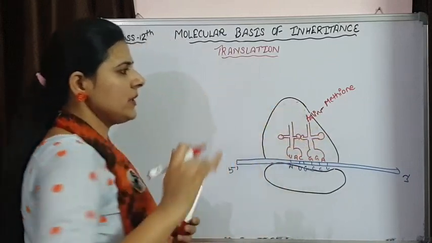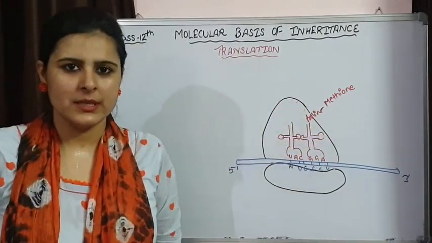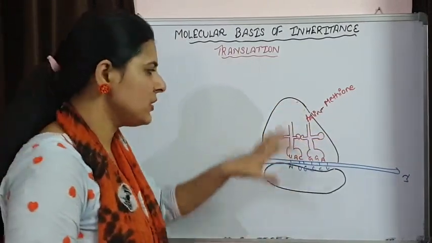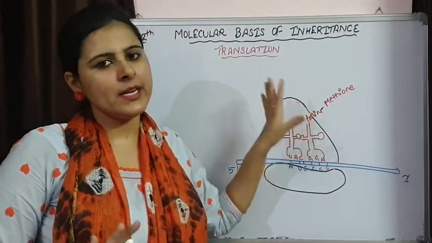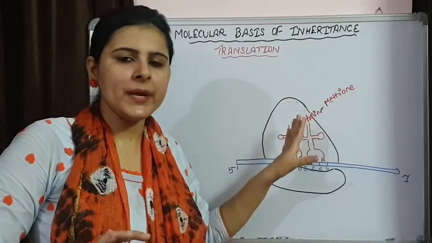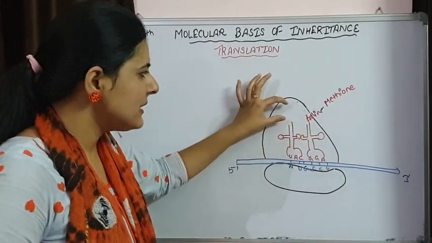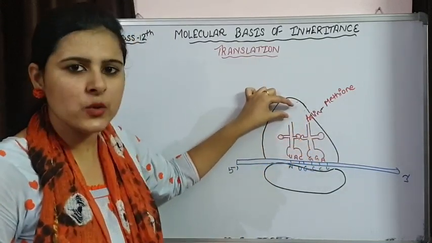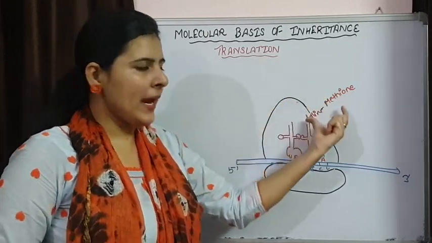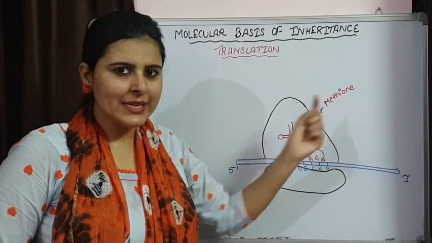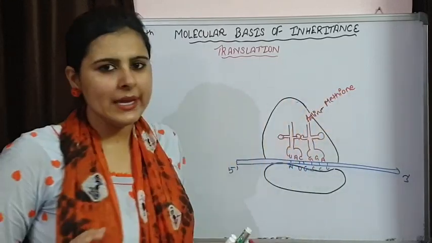Earlier, methionine was present at the P site and proline was present at the A site. During peptide bond formation, this methionine which was present on the P site formed a peptide bond with the proline and is shifted to the A site.